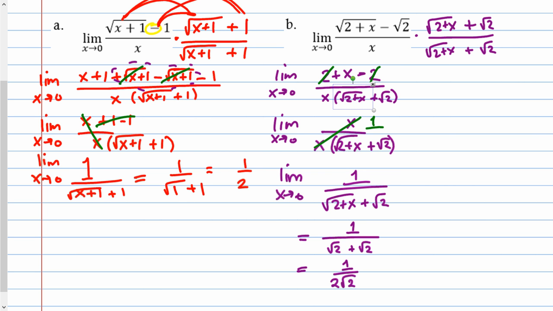They rationalize it by multiplying by a special case of the number 1, which is usually whatever the square root is. In this case, the square root is 2, so multiply by the square root of 2 over the square root of 2. And by doing so, I now end up with the square root of 2 over 2, because the square root of 2 times the square root of 2 is the square root of 4, which is 2.